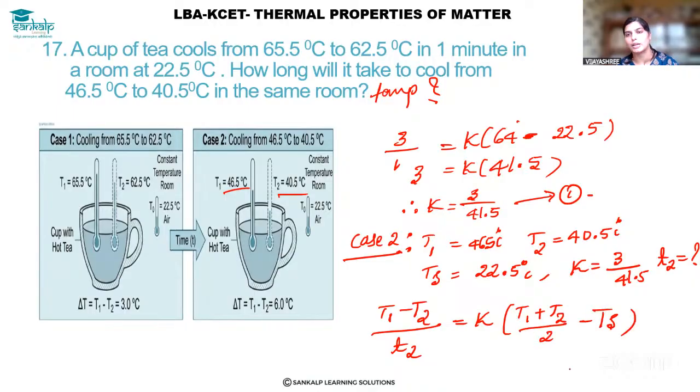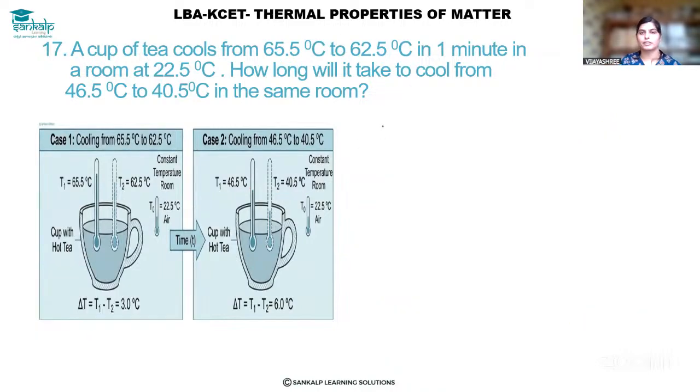So note down this. I will move on to the next slide. Okay. So just substitute that. In the second case, T1 is 46.5 minus T2, 40.5, divided by small t2, which we don't know.